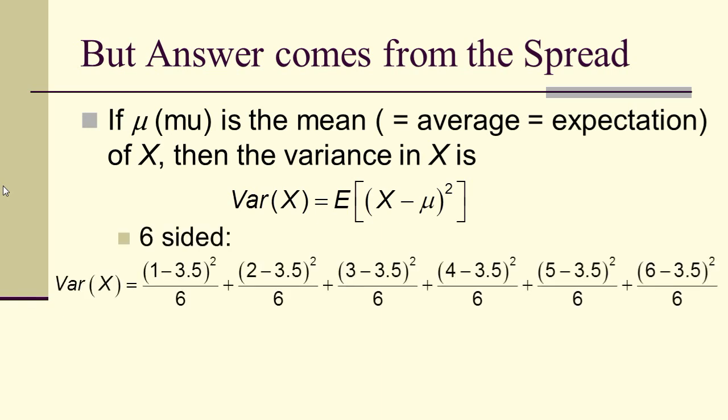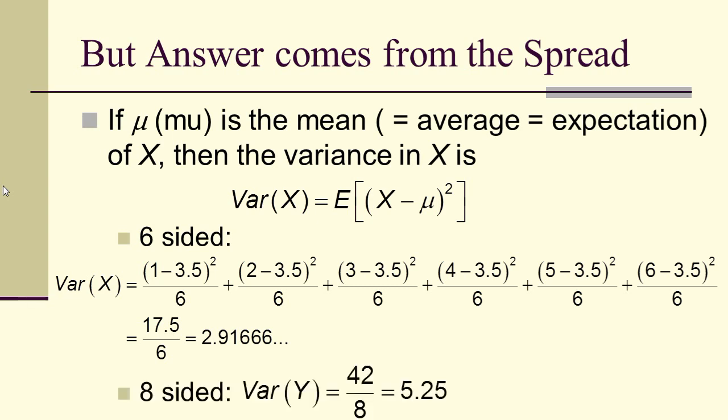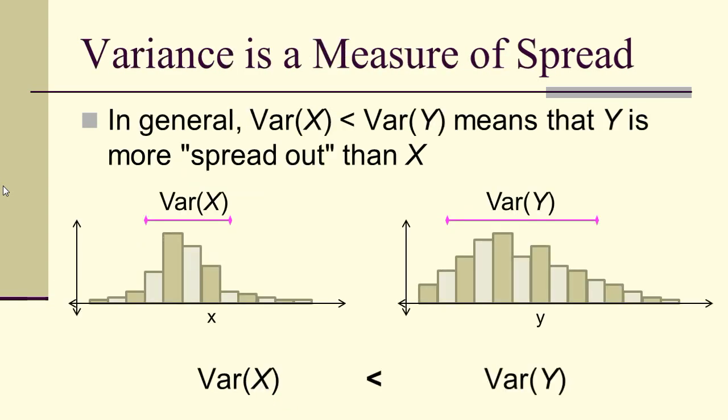For the 6-sided die, we look at this expected value where we're dividing by 6 and taking 1 minus 3.5 squared, 2 minus 3.5 quantity squared, and so on. And we get a variance of 2.91. For the 8-sided die, we get a variance of 5.25.